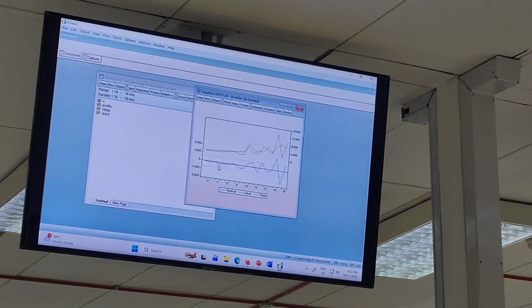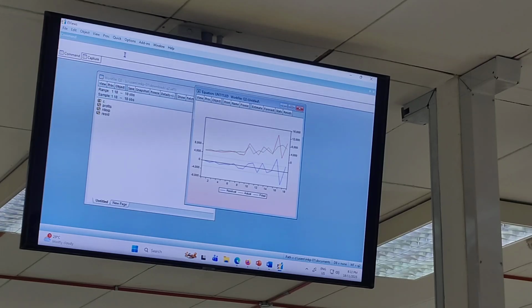For small values of profit, we have a small spread of error residual, but for higher values of profit, we have a larger spread of residual. So it indicates that the error variance depends on the value of profit. Higher profit has higher variance.